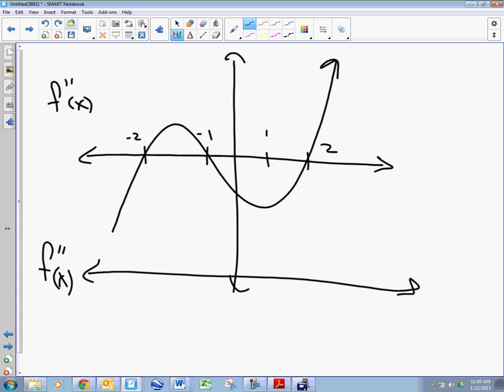So where's f double prime equal to 0? -2, -1, and 2. Is f double prime positive or negative here? It's negative. F double prime is negative right here, correct? Positive, negative, positive. So we could tell concave down, concave up, concave down, concave up.